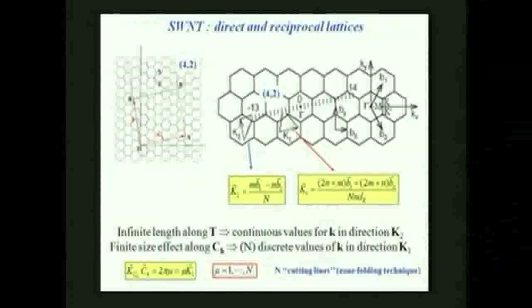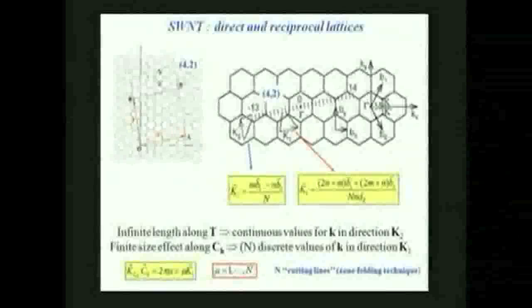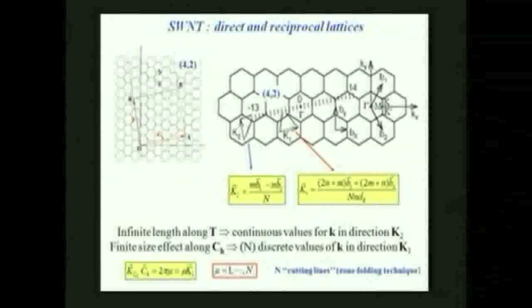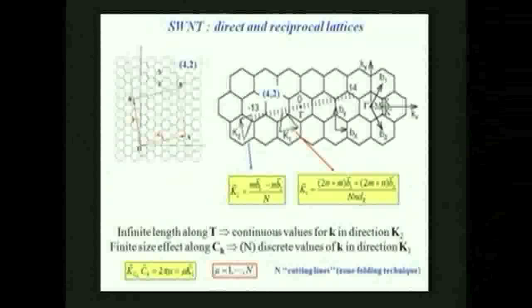So when you look at the electronic properties around CH, you have a quantization phenomenon. You are in the quantum world. You are not anymore on an infinite crystal. You are on a finite crystal with periodic boundary conditions. And because of this, all the values of the wave vectors are not allowed.